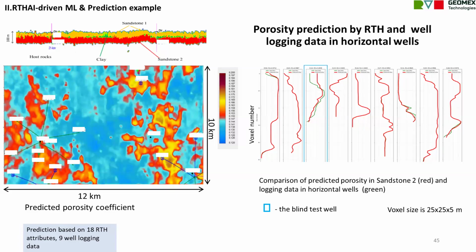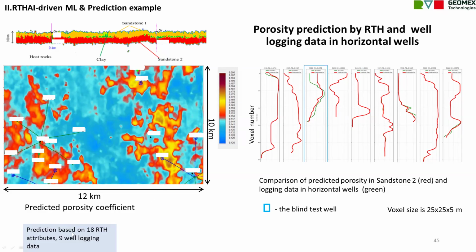The square is more than 100 square kilometer, but a very thin layer about 23 meter. Red color is low, green is clay. Sandstone 1 is without gas, sandstone 2 red is with the gas. Where is this very thin layer?